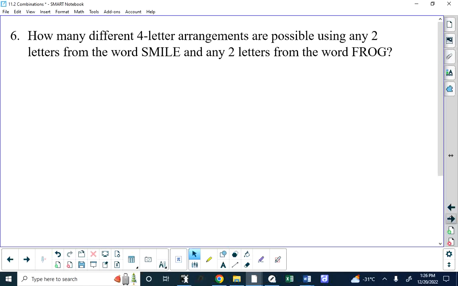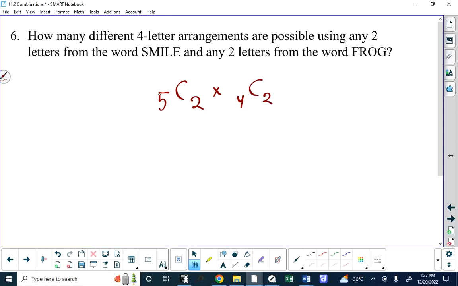How many different 4-song playlists can I make with 2 from each genre? What do I have to do to complete this task? Well, of these 5 letters in the word smile, I need to choose 2 of them. And of the 4 letters in the word frog, I need to choose 2 of them.